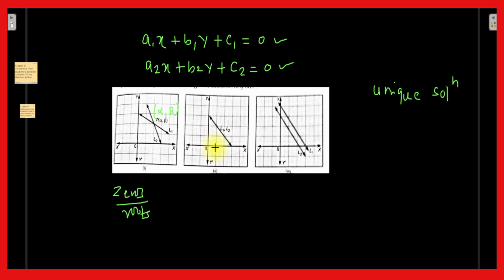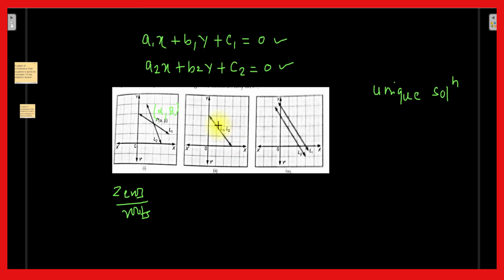Now see the second condition. In the second condition, the two lines coincide with each other. It means each point lies on the corresponding point of the other line, so there will be so many points where the lines are intersecting each other, since a line does not have an end point. And so there will be infinitely many solutions.